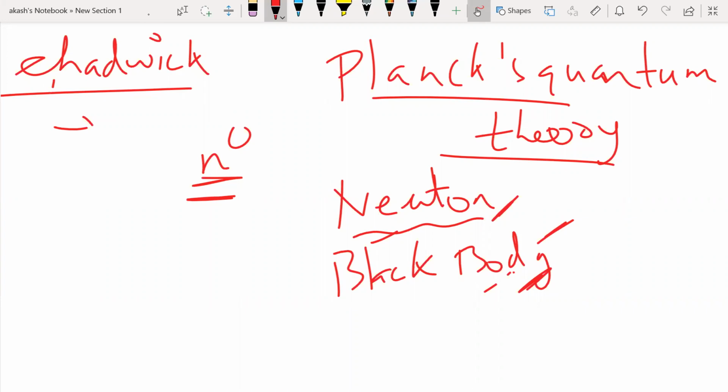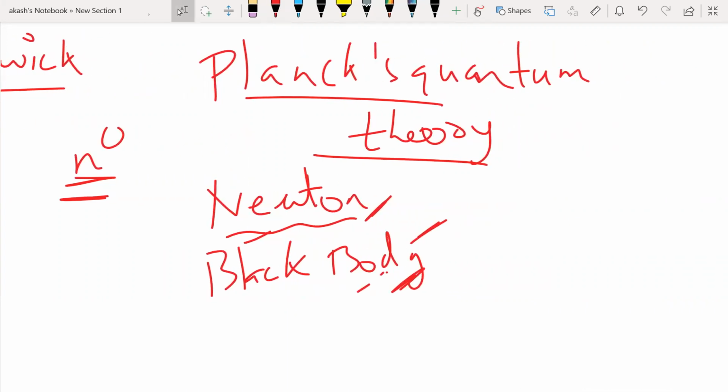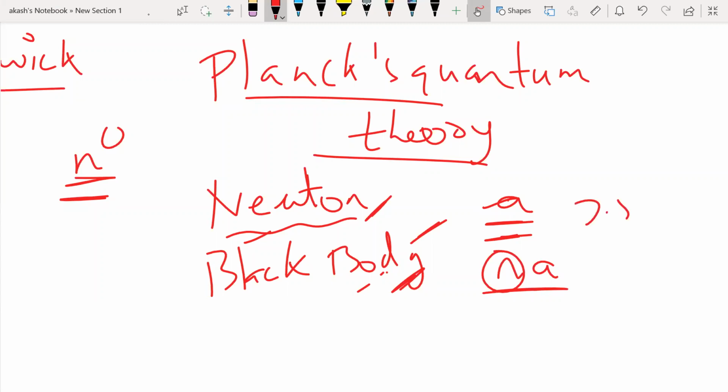There is going to be a particular smallest value, say some value A. If this is the smallest value of energy which a black body can take, then I can have energies absorbed or released only in values of n times A, where n is an integer. I cannot have 0.5 A energy absorbed.